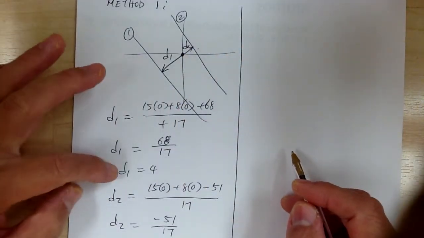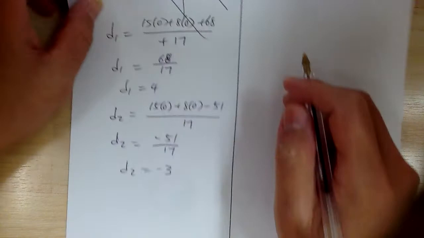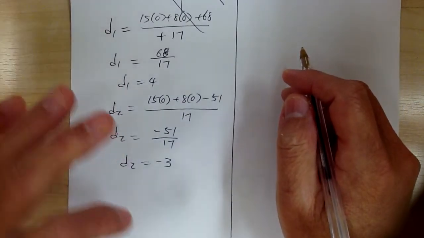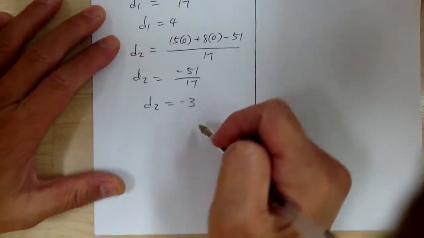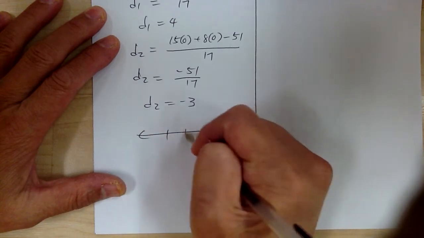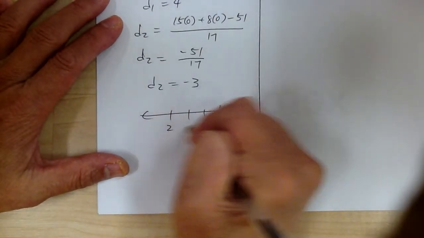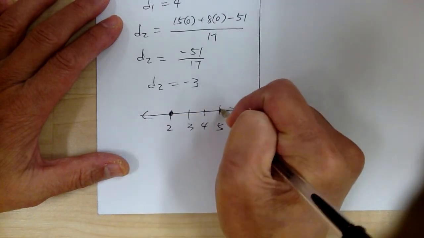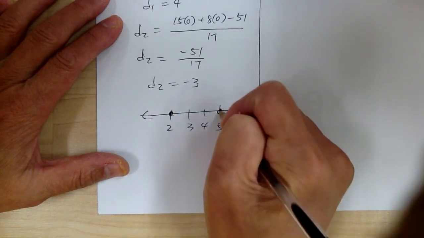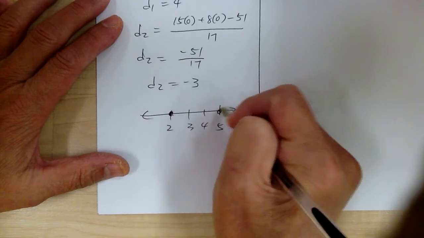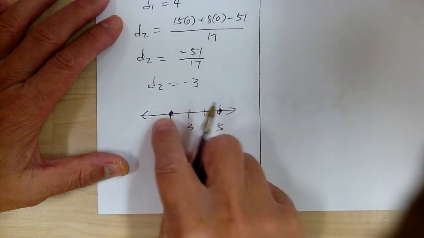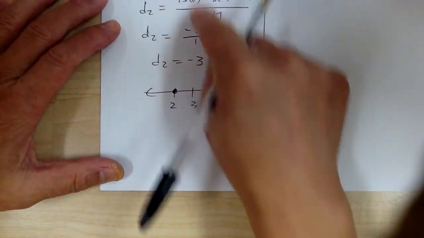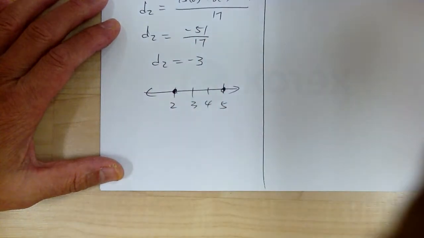Once you've got D1 and D2, to find the distance between them you have to subtract. Just like if you have 2, 3, 4, 5, to find the distance between 2 and 5 you use end minus beginning, 5 minus 2, that's how you get 3. It doesn't matter which one you subtract, you just take the absolute value.